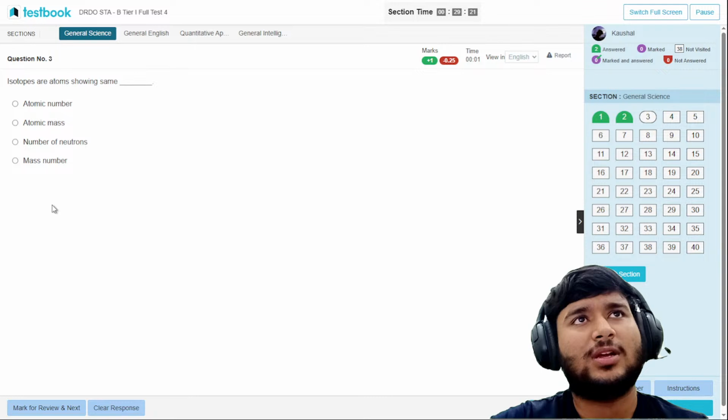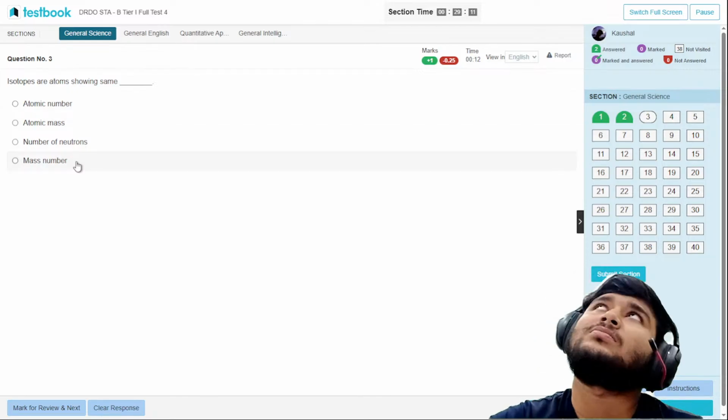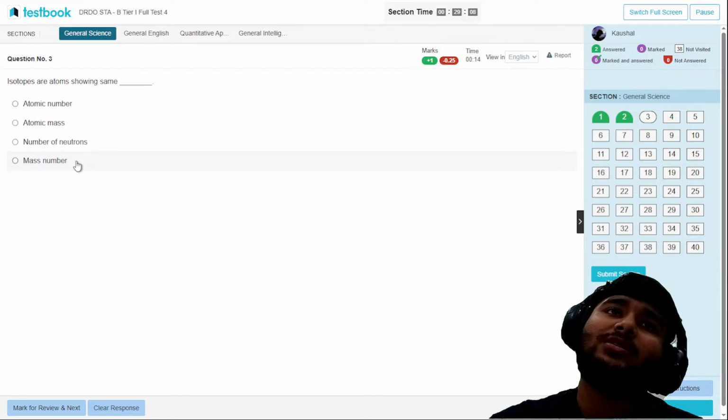Isotopes of atom showing same atomic number.